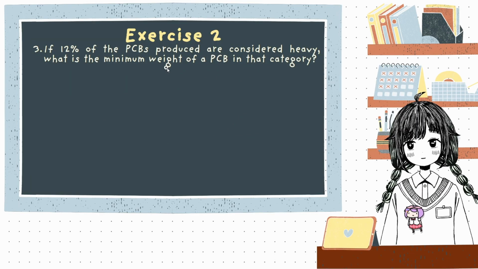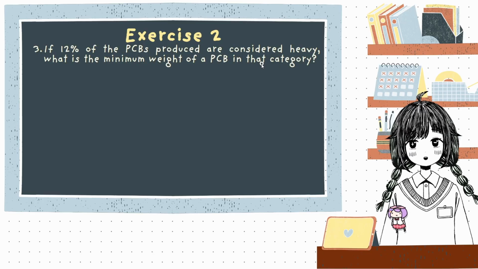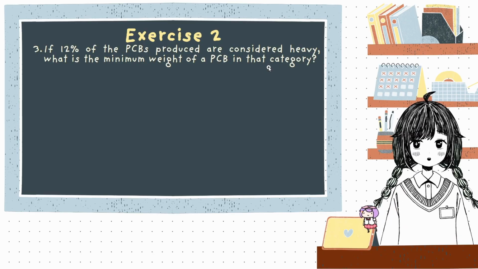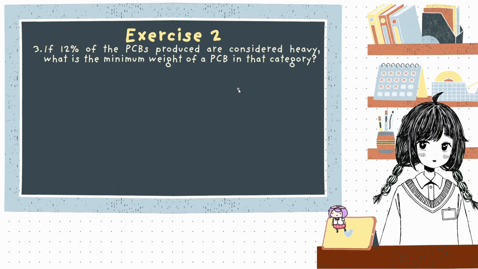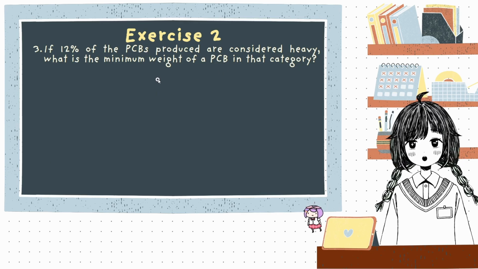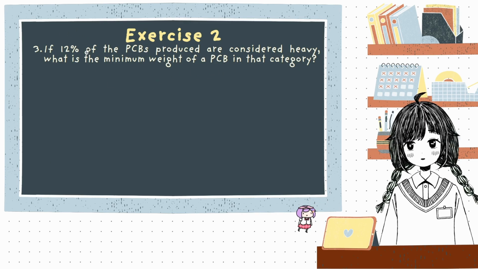Question 3, if 12% of the PCBs produced are considered heavy, what is the minimum weight of PCBs in that category? So here, unlike what we solved before, the question wants us to find the weight. It already gives us the info for the probability, which is 12%.